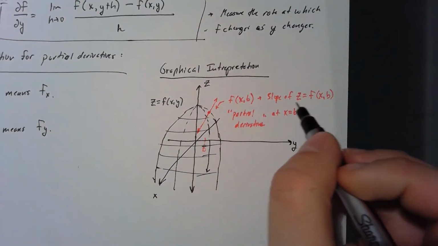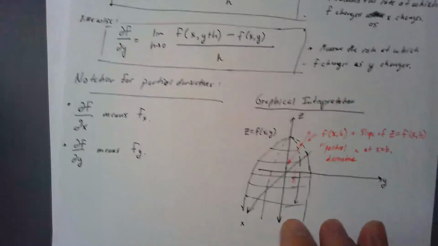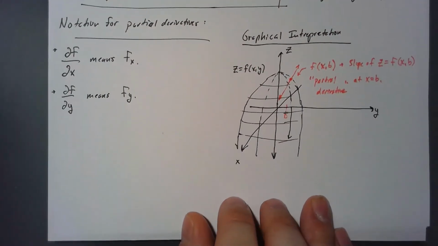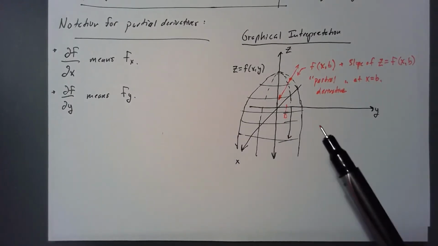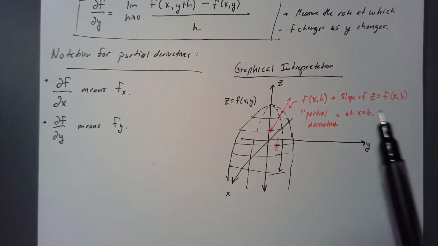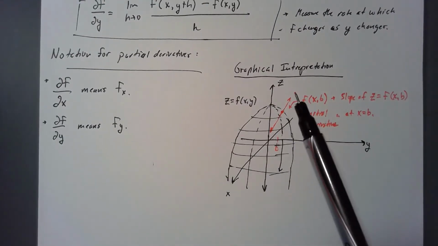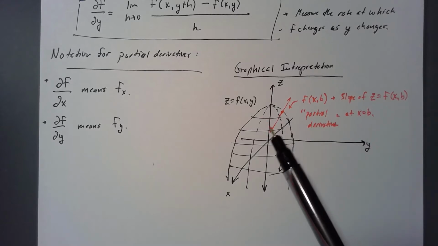Just like in single variable calculus, if you take the derivative, the derivative is the slope of the tangent line on a curve. But here, it's the slope of the tangent line on a surface. That's all I'm saying.